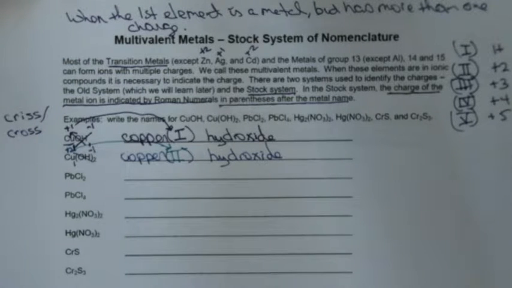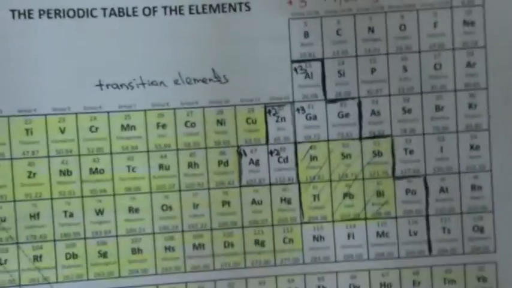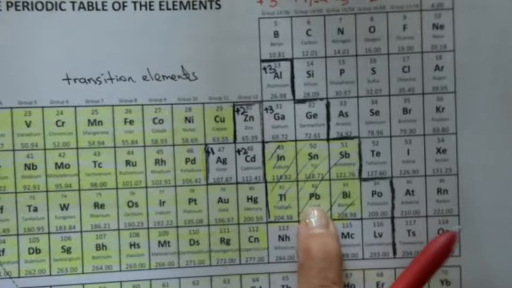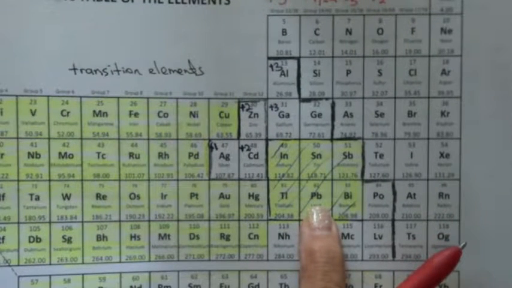Uncrisscrossing doesn't always work, but most of the time it will. So now, third compound, I have Pb. Looking on my periodic table, when I look for Pb, I find it located here. It is colored yellow.